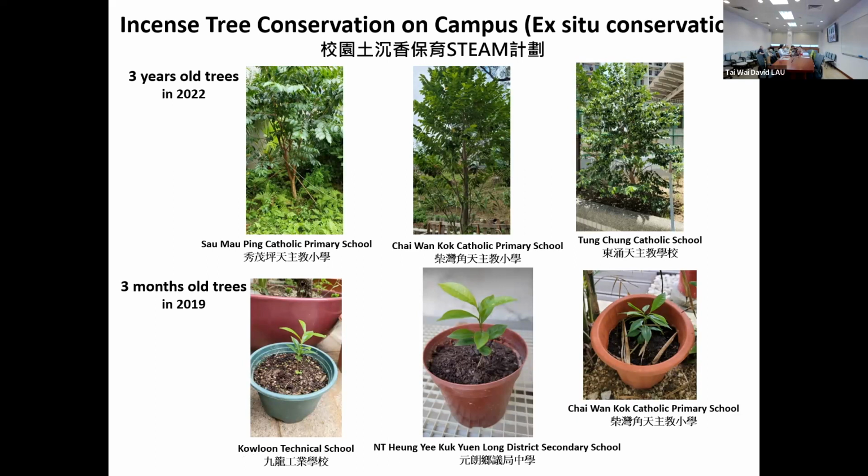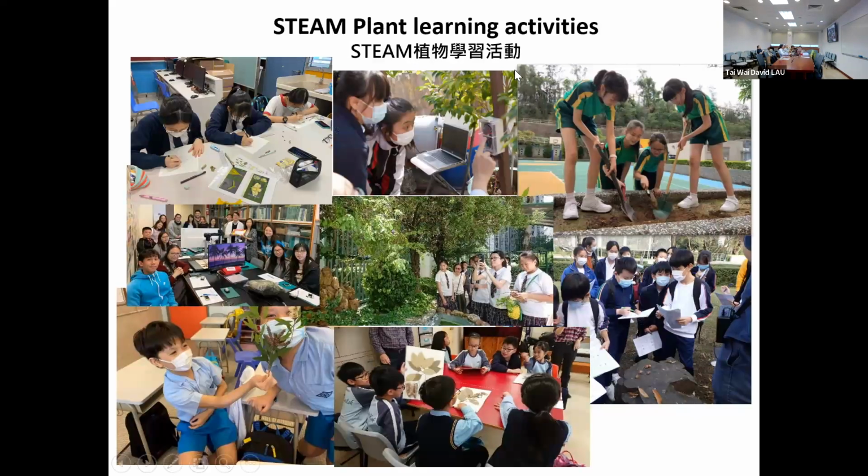So that all these school teachers and students, I want to share with them what we are doing is a kind of ex situ conservation scheme. They plant this rare and endangered plant out of their natural habitats and plant them in the school campus. It's not only a planting scheme, it's also a kind of STEAM activities so that the students can take this opportunity to have plantation, to try to germinate the seed.